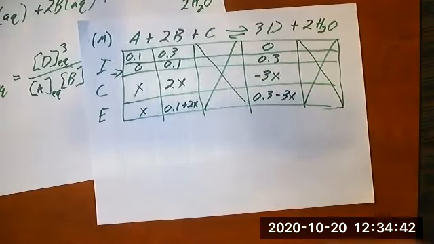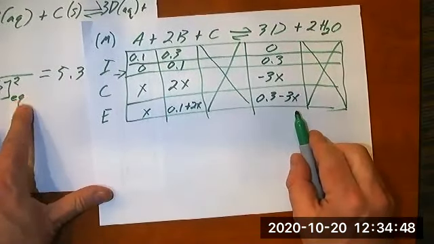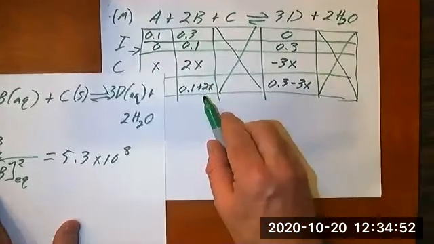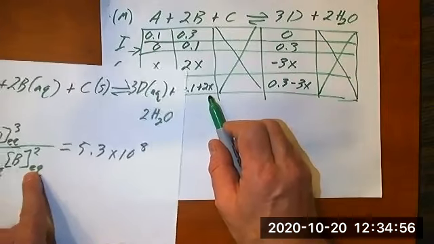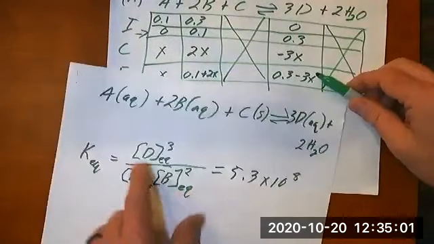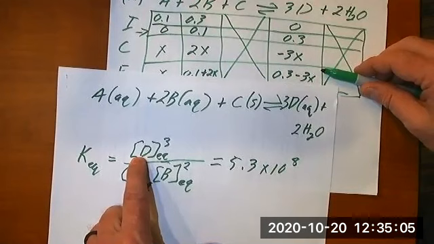Okay. Now, we could take this and plug it in directly, but notice what's going to happen if we do that. Our B is going to have x squared there, right? And our D, we're going to have x cubed there. And so that starts to get a little nasty.